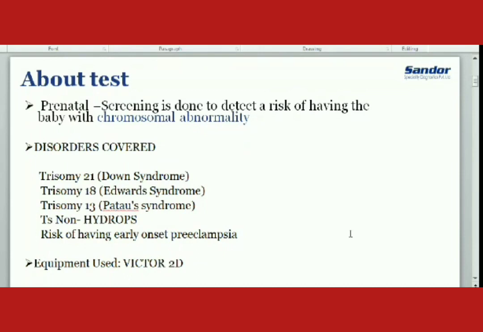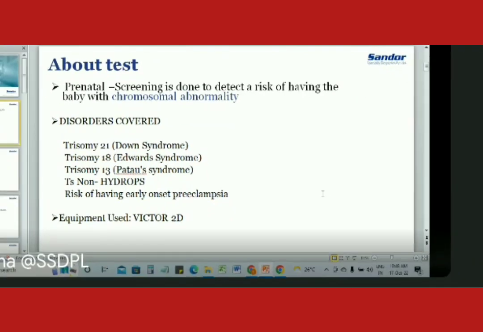Trisomy 18 again makes 47 chromosomes. In the same way, trisomy 13 has an extra 13th chromosome, and this is called Patau syndrome. Preeclampsia we'll discuss a little later. These are the disorders covered in maternal serum markers.